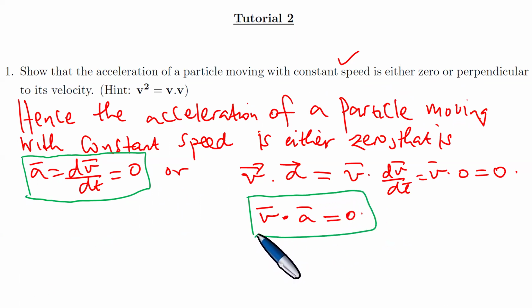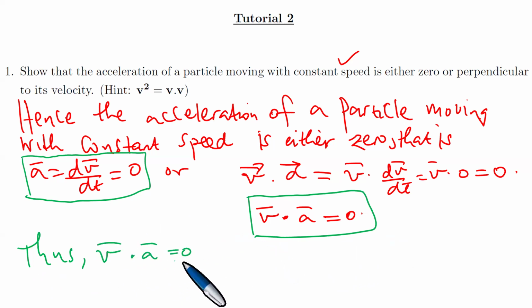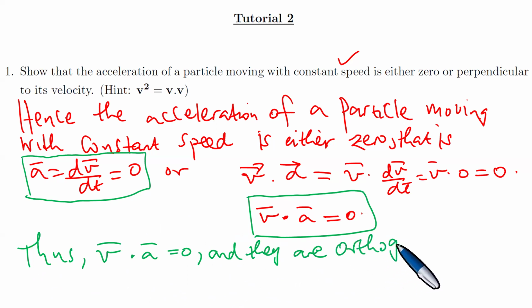And with this notion, we are able to say with confidence, thus, v dot a equals 0, and they are orthogonal.